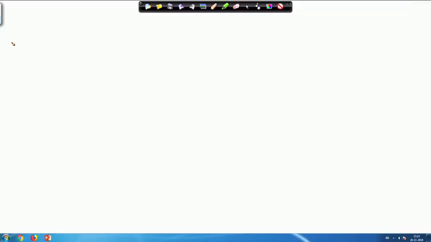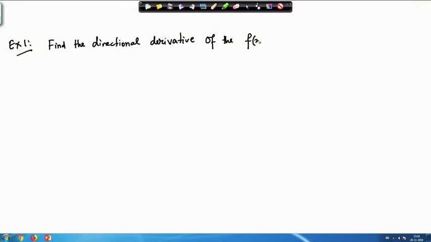So to start with, let me start with one example on directional derivative. Today's example 1 goes like this: find the directional derivative of the scalar function f(x, y, z).